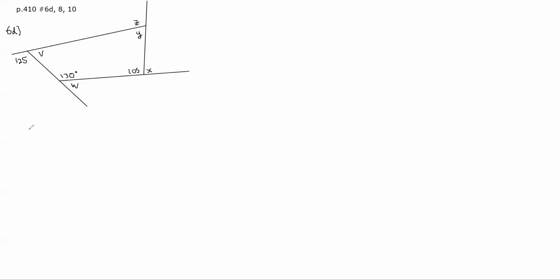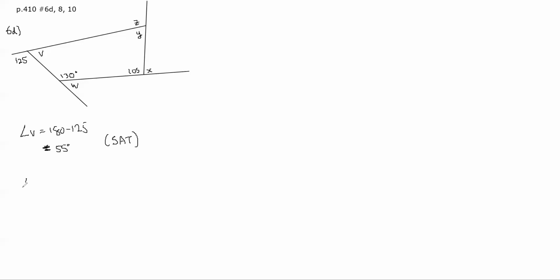So here we go. I know for a fact that angle V is going to be 180 minus the 125, which is going to be 55 degrees. That is due to supplementary angle theorem. Okay, let's keep moving.